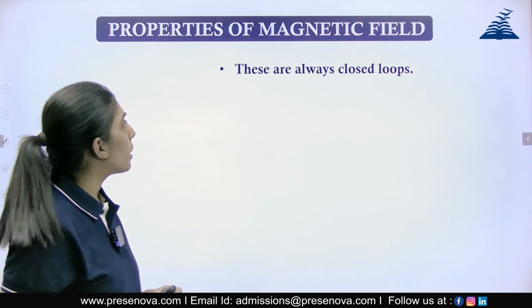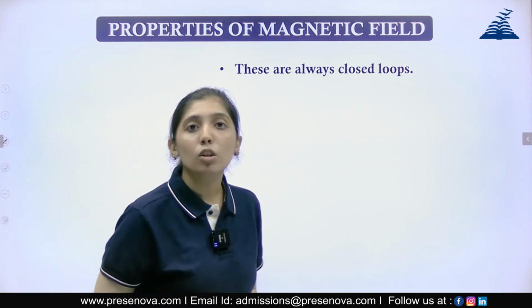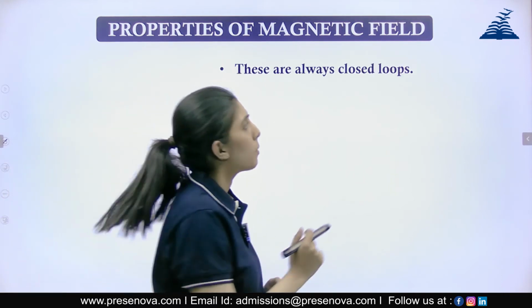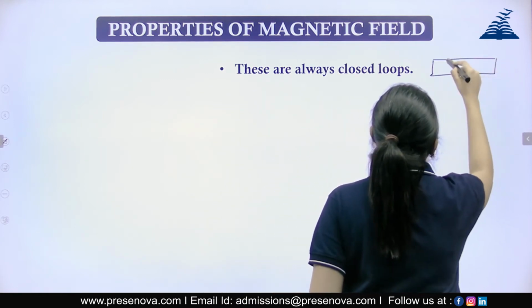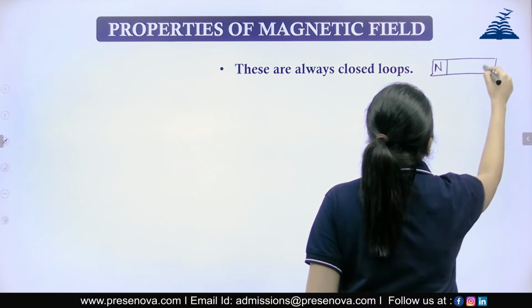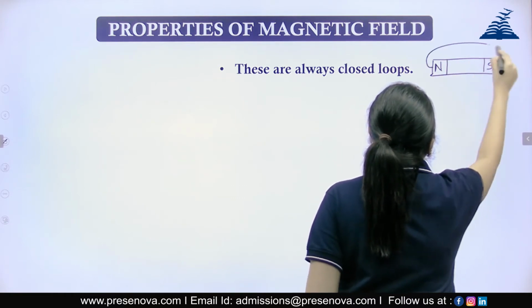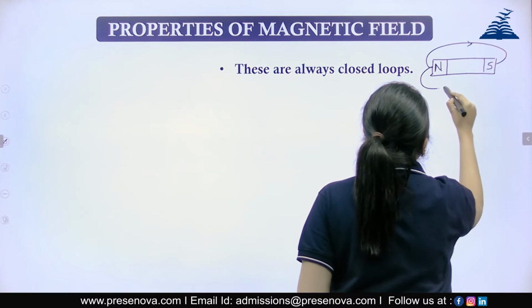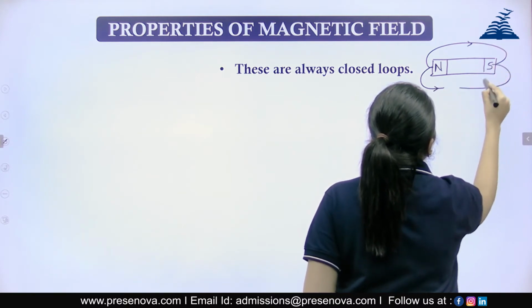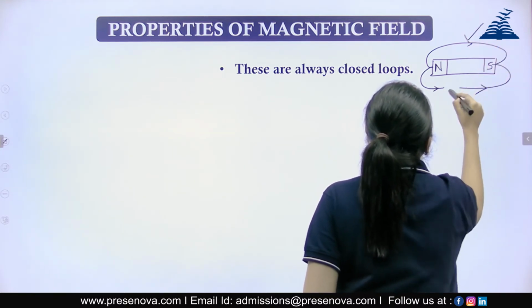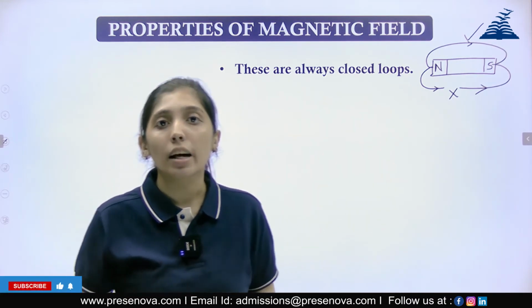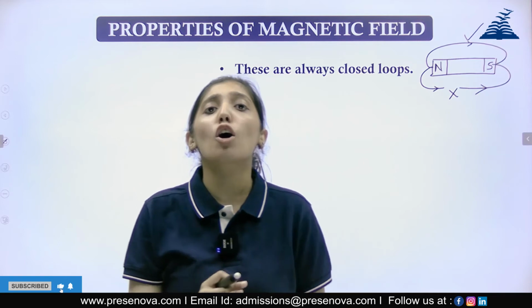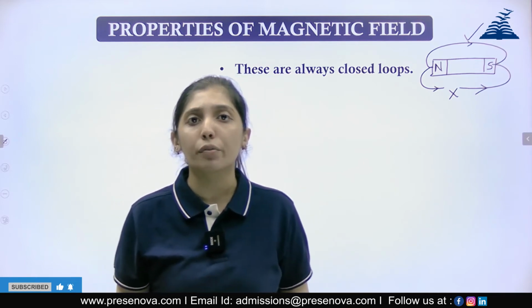The first property being they are always closed loops, which means you should not draw any discontinuity, or there should not be any discontinuity in the field lines.